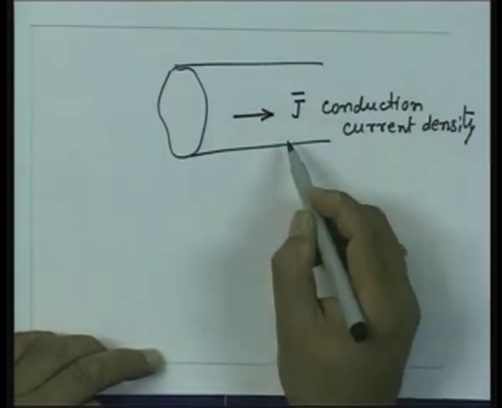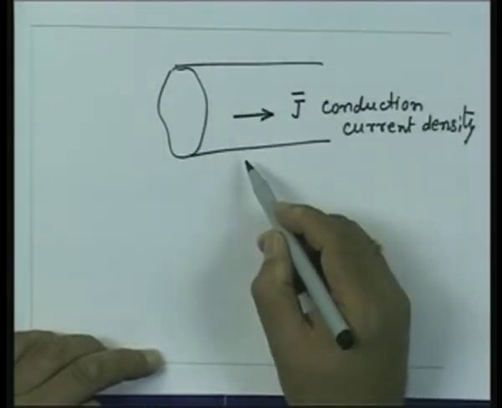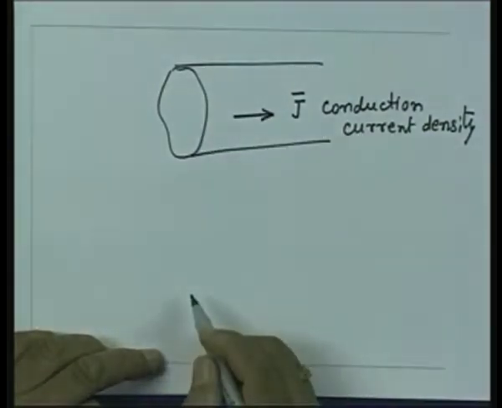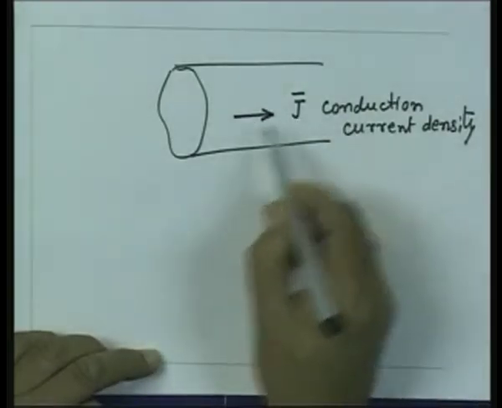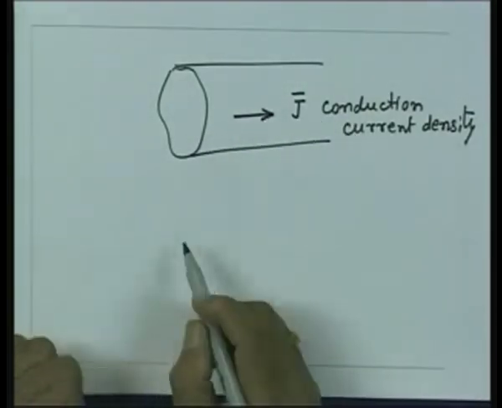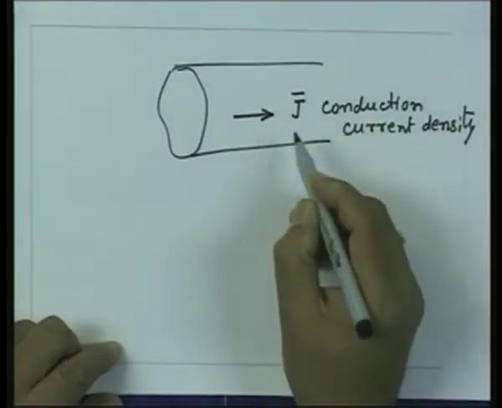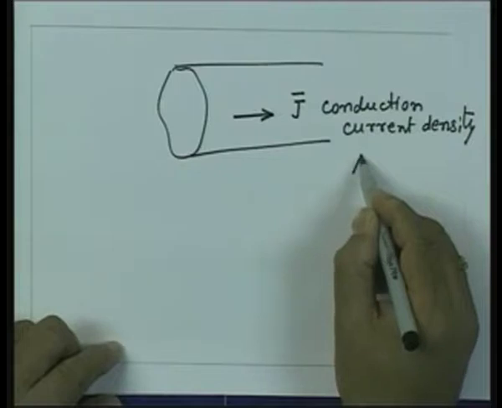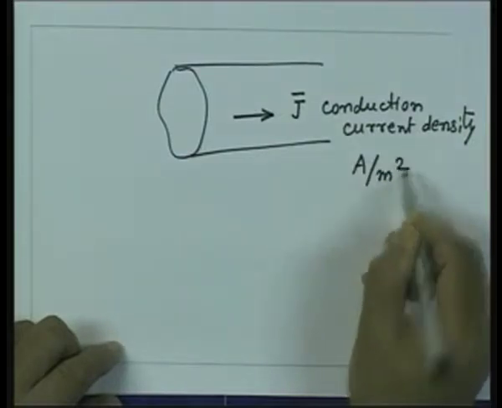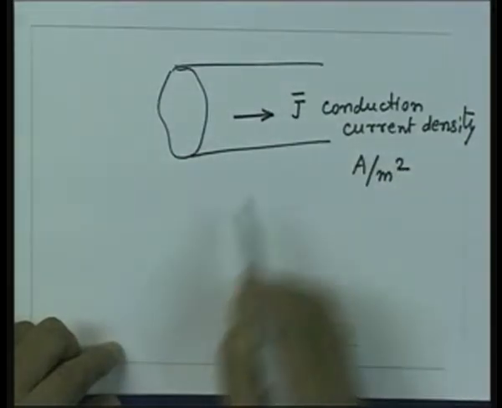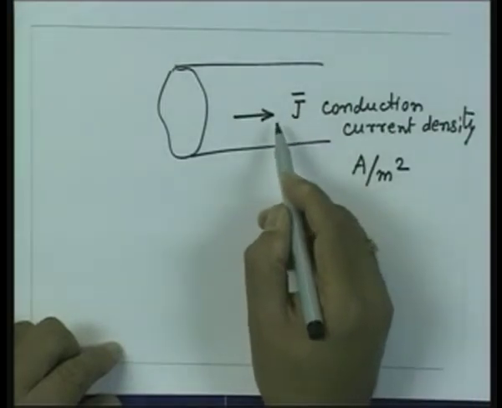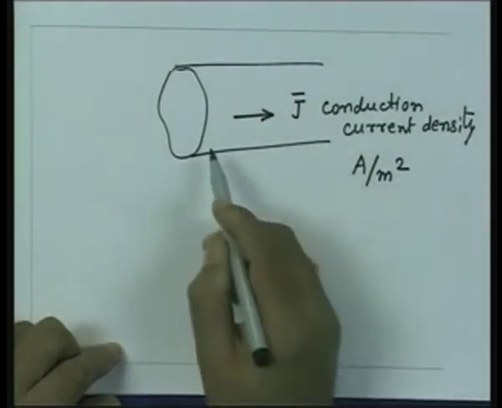So, it is the current flowing per unit area of this conductor. Again, since it has a direction in which the current is flowing, this is a vector quantity. The unit of this is amperes per meter square, and this current is now flowing because you have some electric field which is related to the potential.